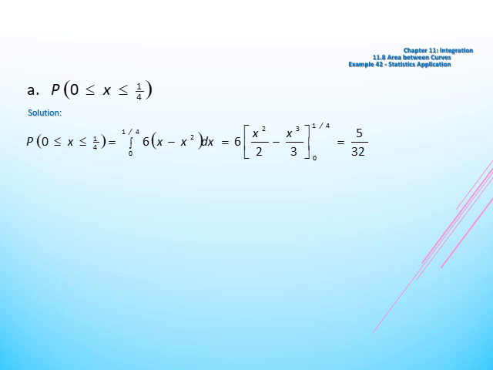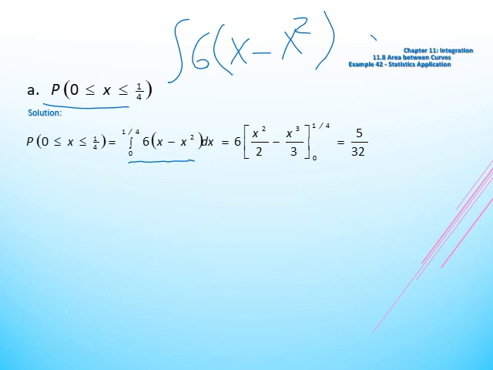If you have this integration, find the probability for it. Our example is the integration of 6 times (x minus x squared) dx. Find the probability of x between 0 and 1 over 4.